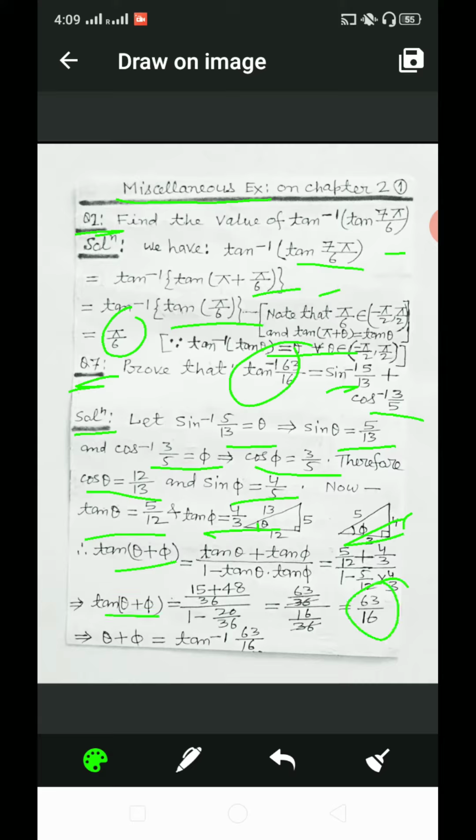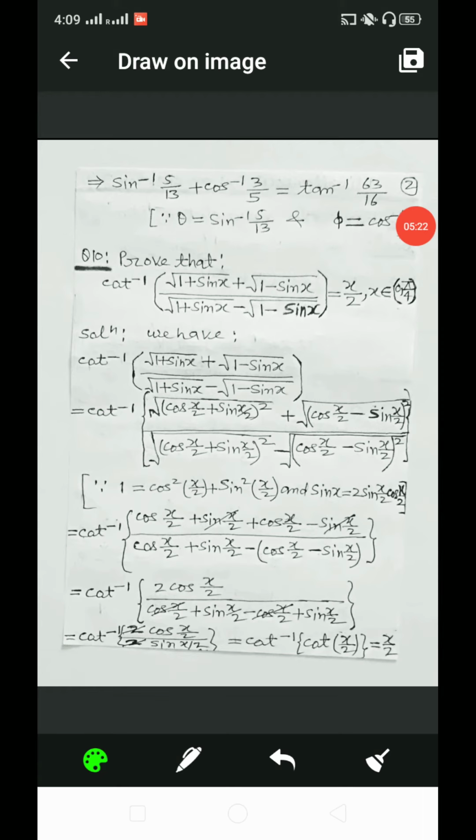On the basis of this we can find theta plus phi is equal to tan inverse 63 by 16. This implies that sin inverse 5 by 13 plus cos inverse 3 by 5 is equal to tan inverse 63 by 16, because we already know theta is equal to sin inverse 5 by 13 and phi is equal to cos inverse 3 by 5.